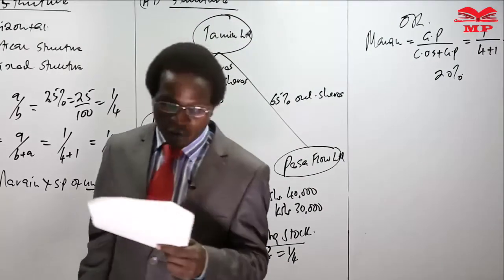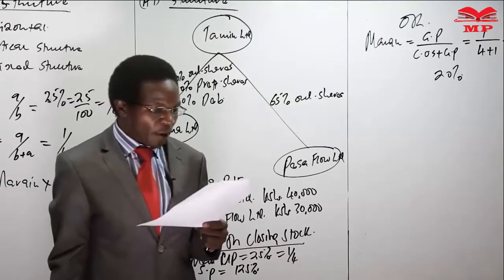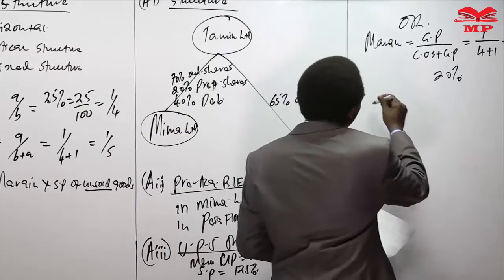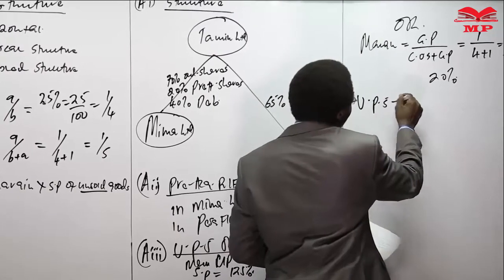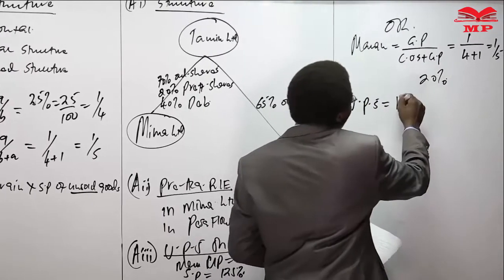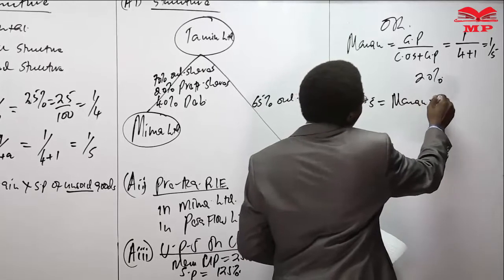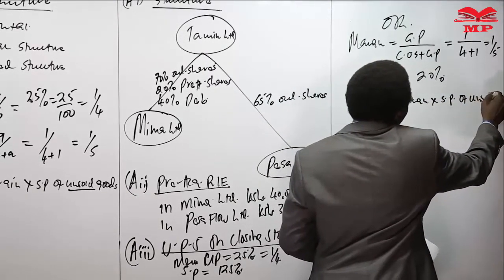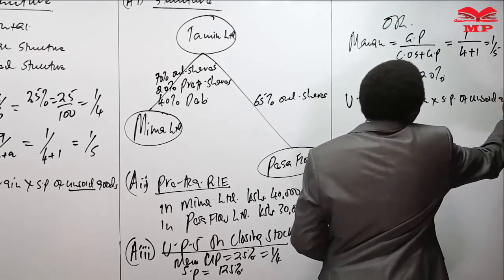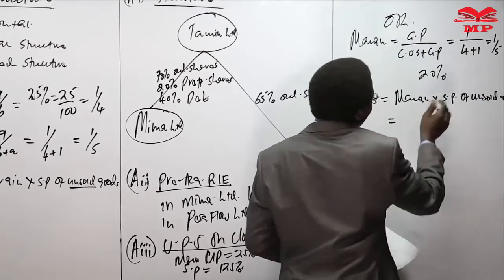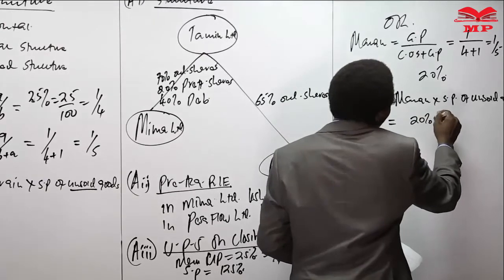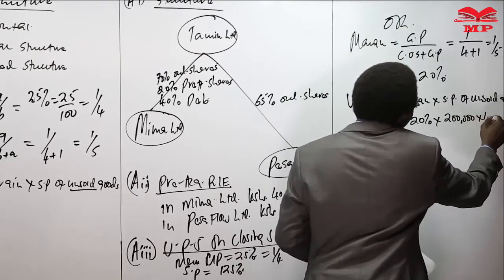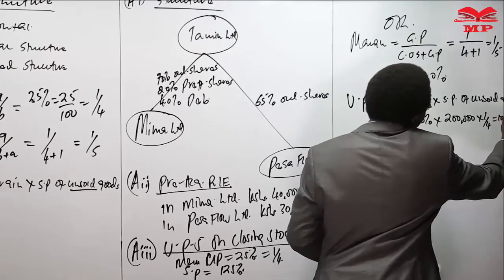Then we have also been told in note number 5. So before I go there, we know that if you want to get the unrealized profits, you take the margin, you multiply by the selling price of unsold goods, which will be 20% by 200,000, or a quarter, which is 10,000.